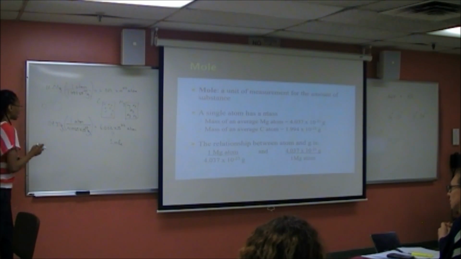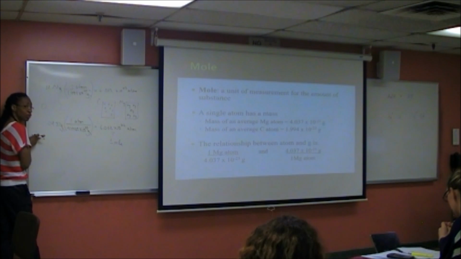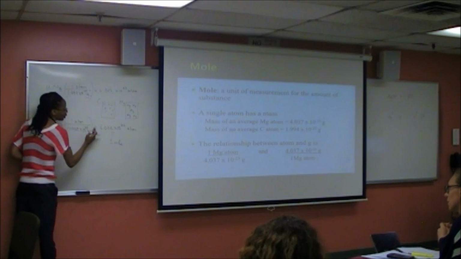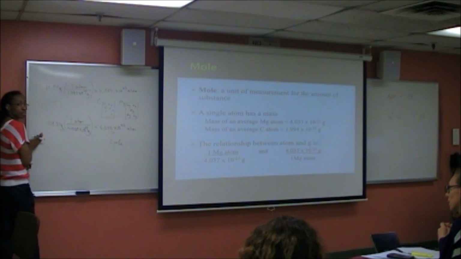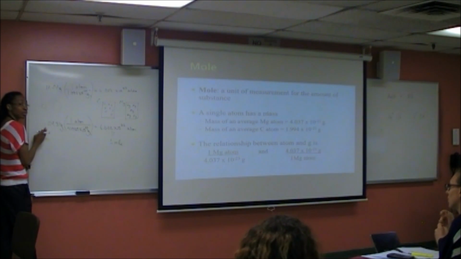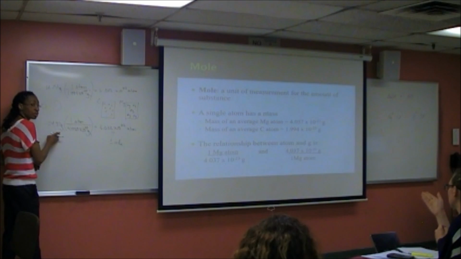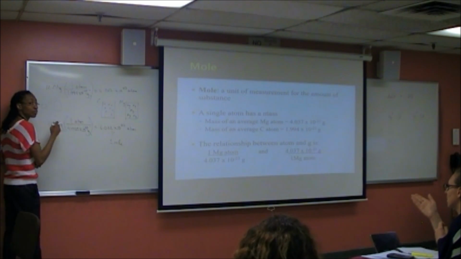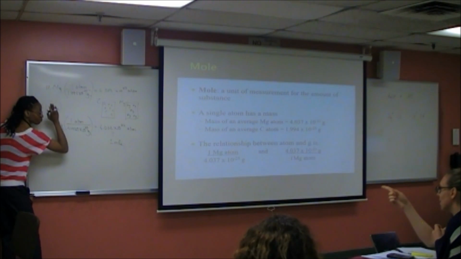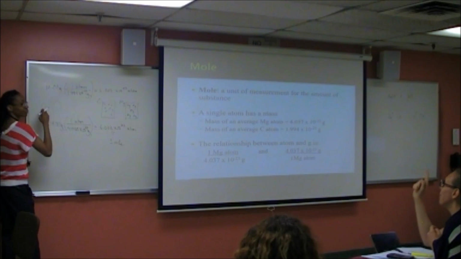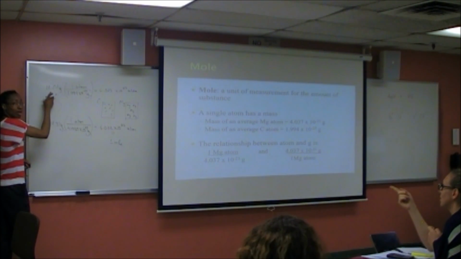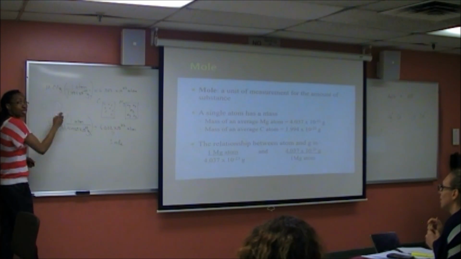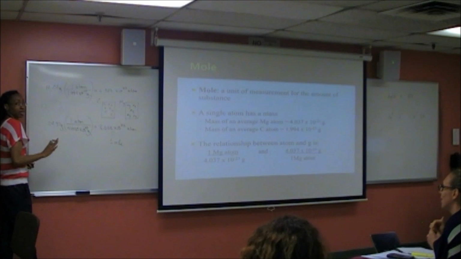The masses on the periodic table in relation to this concept now. So 1 mole of carbon, for example, has 12 grams. There you go. So that's the mass of 1 mole.